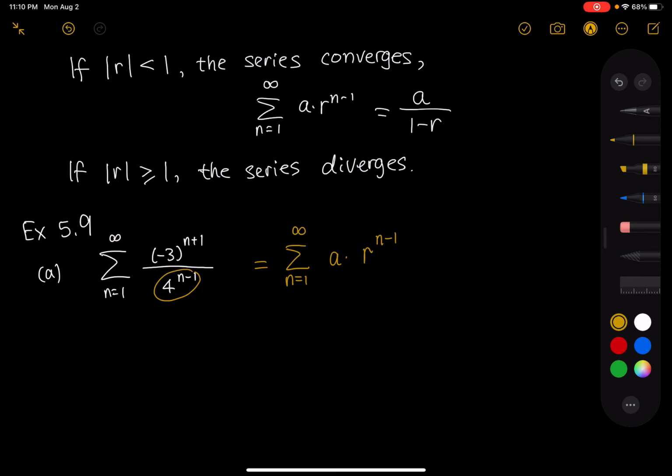On the top, negative 3 to the n plus 1 power is the same as negative 3 squared times negative 3 to the n minus 1 power, because 2 plus n minus 1 is n plus 1. You add the exponents when you multiply. Then you get 4 to the n minus 1 power on the bottom.